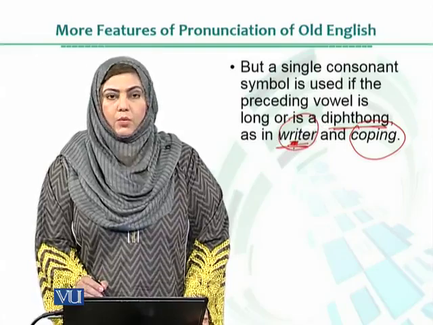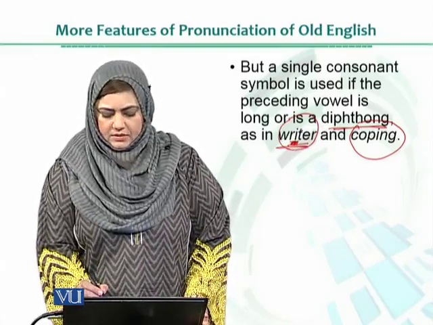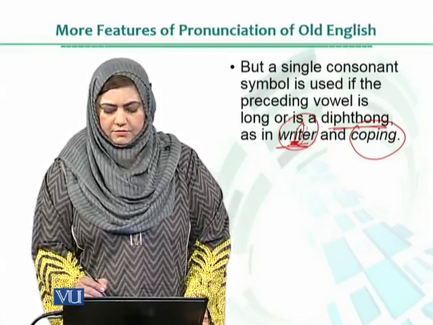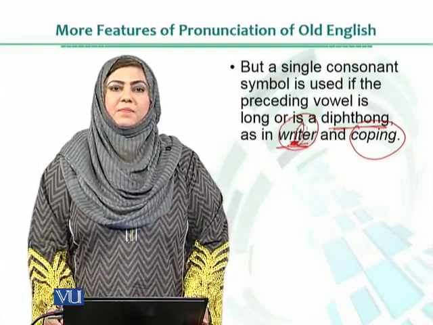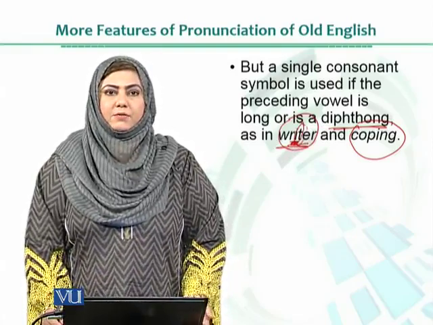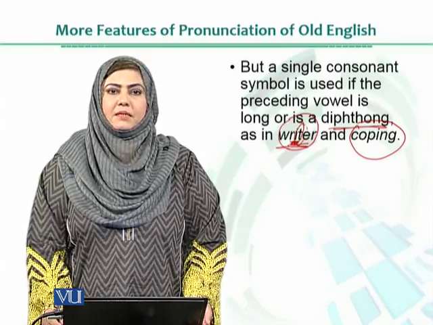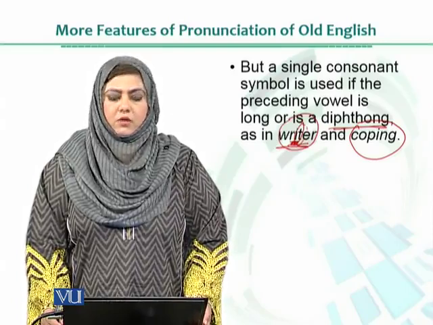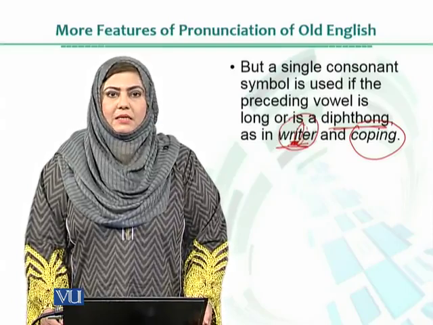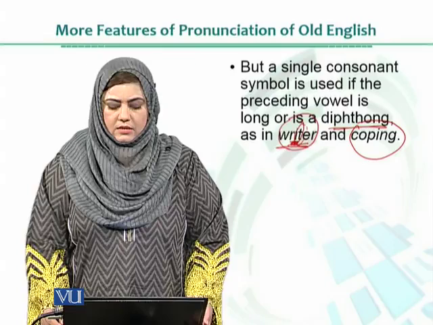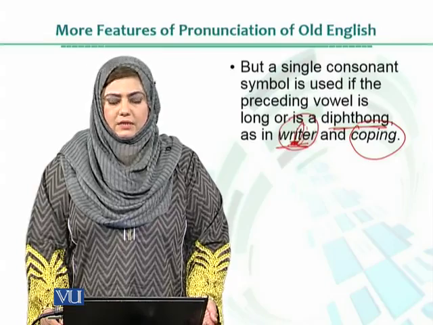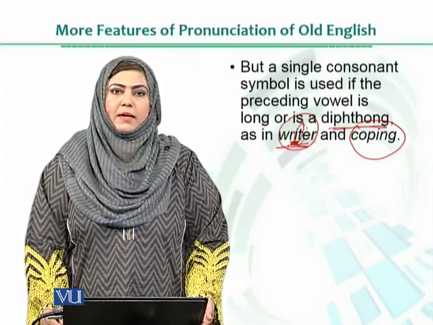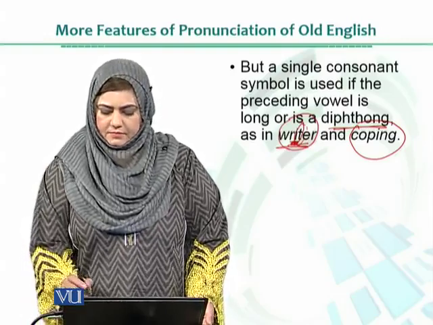So when a diphthong is used, what happens? The consonant that comes after that is single. Compare it with the previous slide where I compared the same words, but the word there was written: E sound, double T. Writer, I, diphthong, would be followed by a single T.